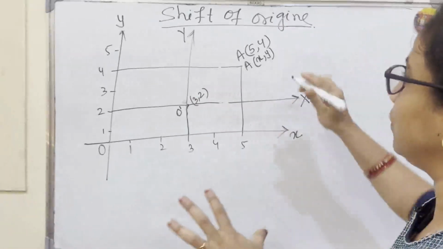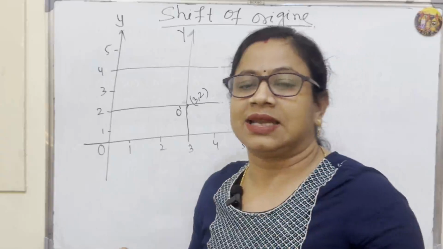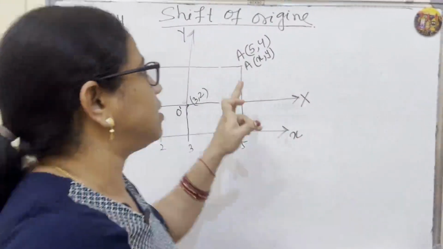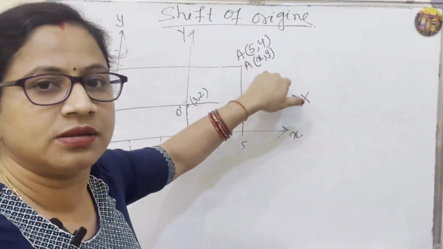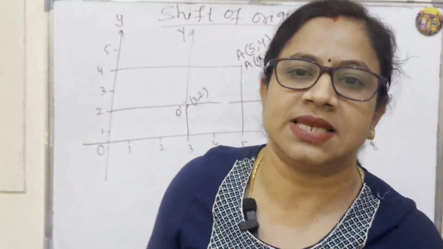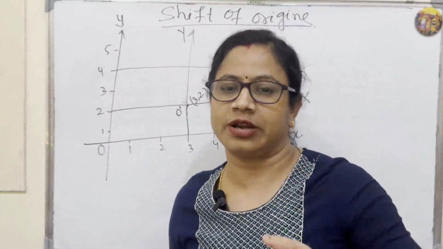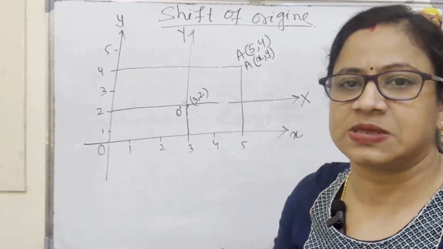So for that we need to find the new coordinates of point A, that is the shift of origin. When origin is getting shifted, the coordinates of point on the Cartesian plane get changed. So this is the basic of the shift of origin that is needed for now for grade 11.